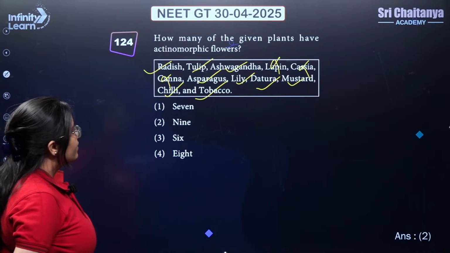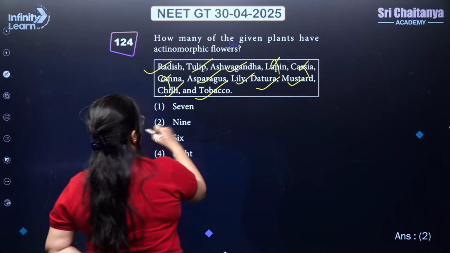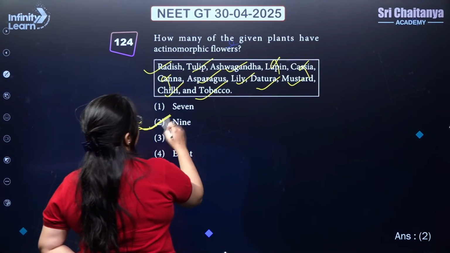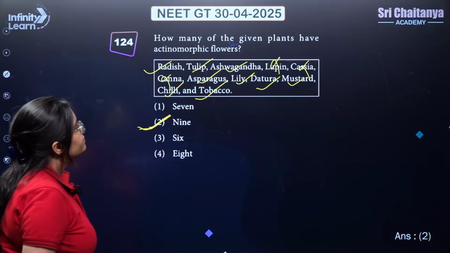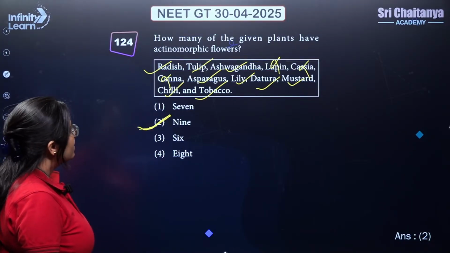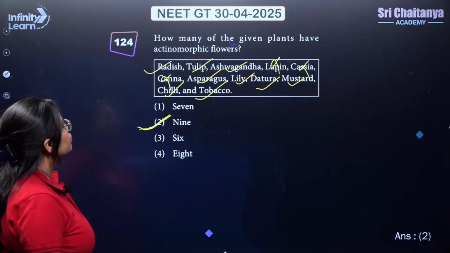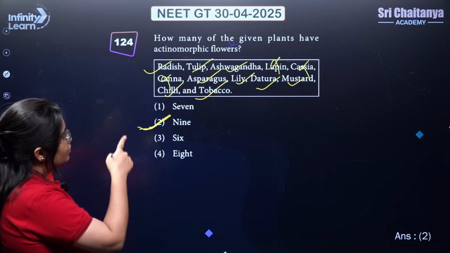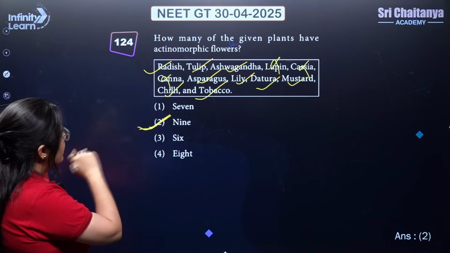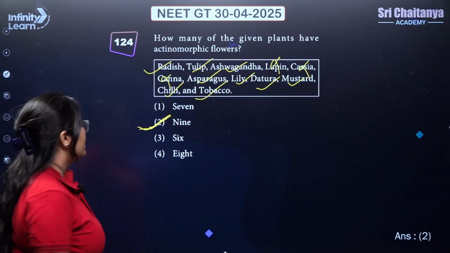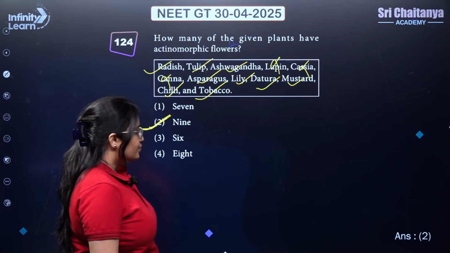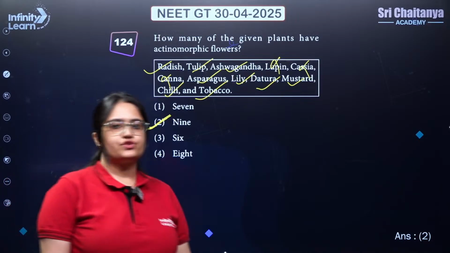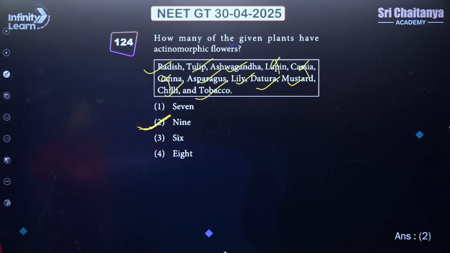So the correct answer is 9. You have to leave lupin, cassia, and canna. So total 9 are left. Answer is 9. Clear? Next question.